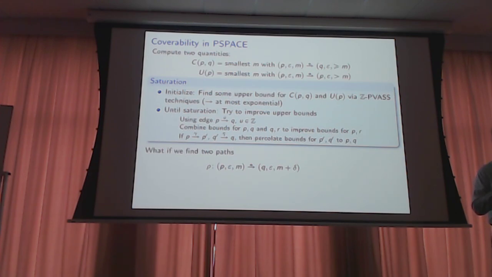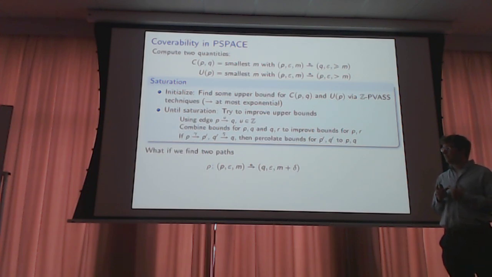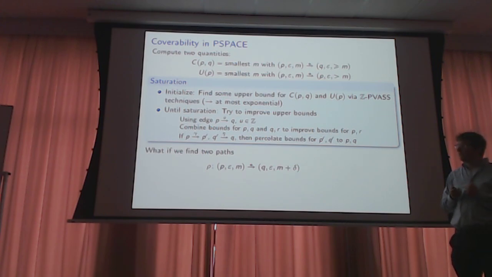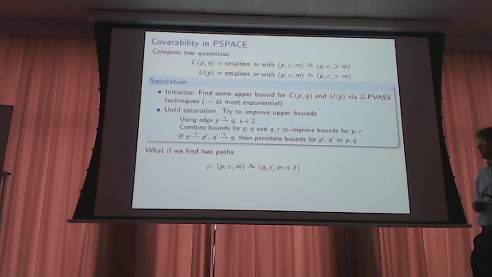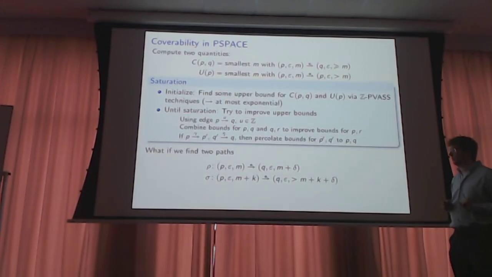And what you exploit in the bidirected case is that there's always one path that's better than the other. In a general p-VAS, it could be that you have one run that uses a smaller drop, but in return it gets you to a higher value. But here, this doesn't really happen. It can happen, but you can use it.